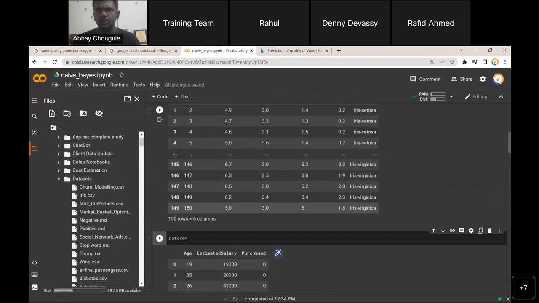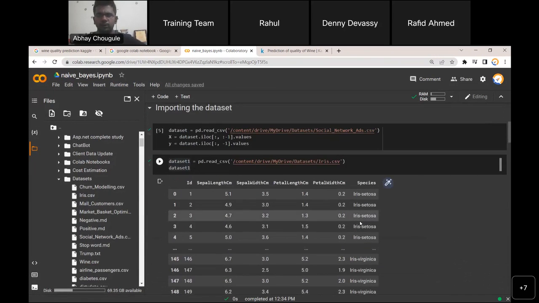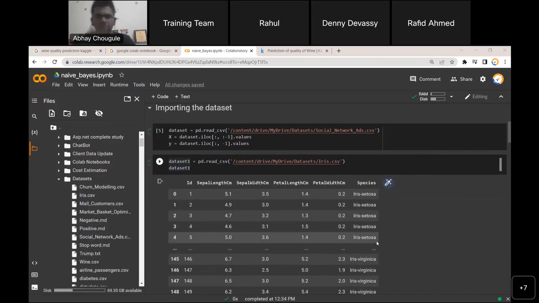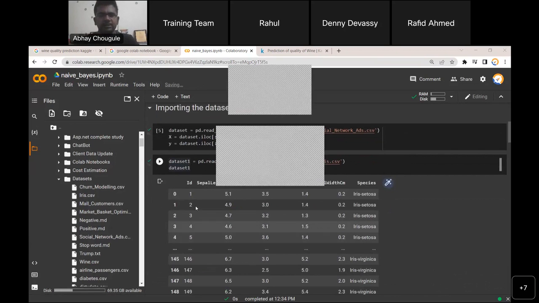See, but one thing you have to do, you have to do a label encoding on this basis. Is it possible from you to do a label encoding and apply it for the prediction in naive Bayes? Yes. Do you know anyone that label encoding that we have done? Yeah, you have. This is a flowers data set.